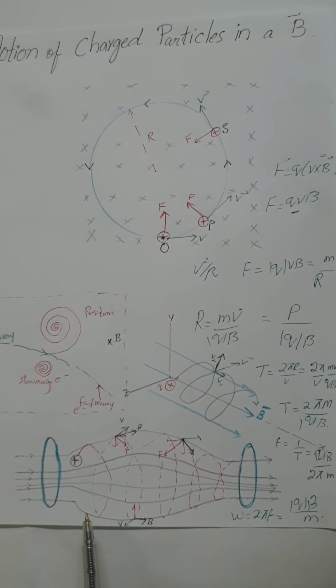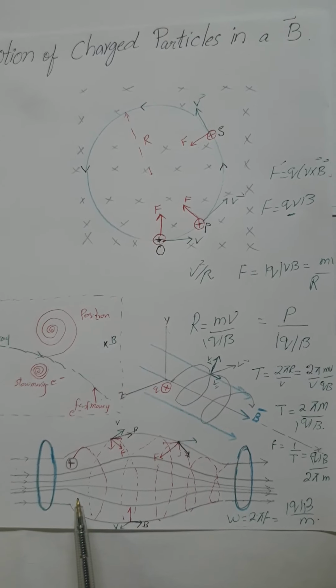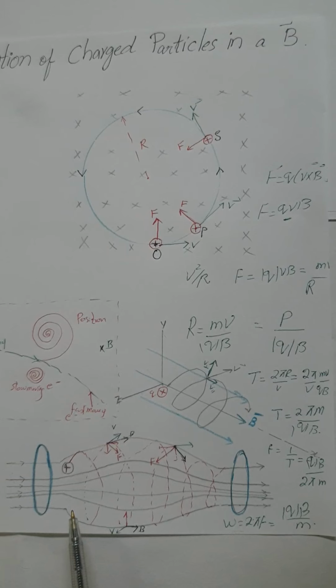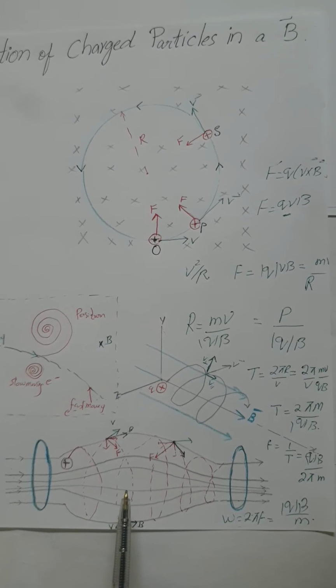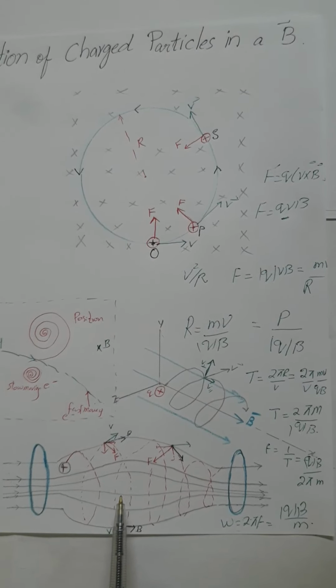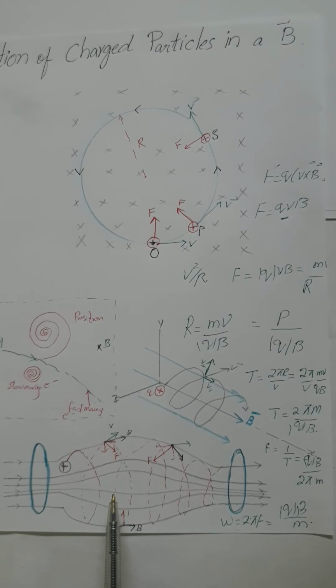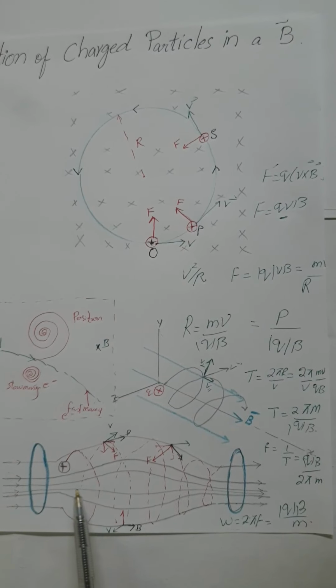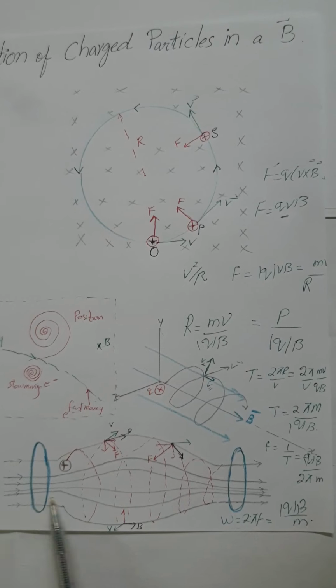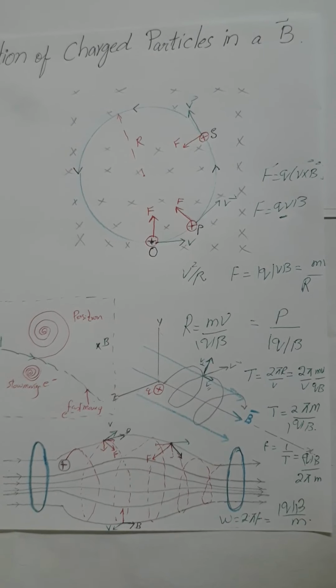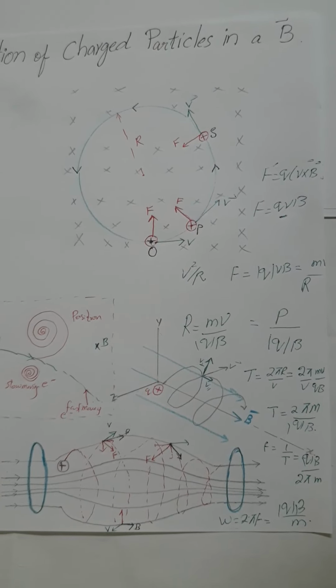These regions are called Van Allen radiation belts, and they were discovered in 1958 from the data obtained by instruments aboard the Explorer 1 satellite.